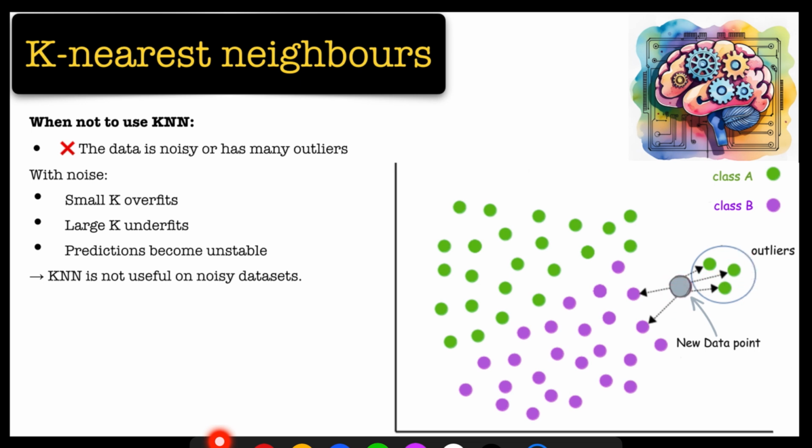If k equals 5, we get these 5 nearest neighbors. Among these, 3 are from class A, but these are outliers, and only 2 are from class B. It looks like this point should belong to class B, but because of these outliers, it was misclassified as class A. So KNN is not useful on noisy datasets with outliers.